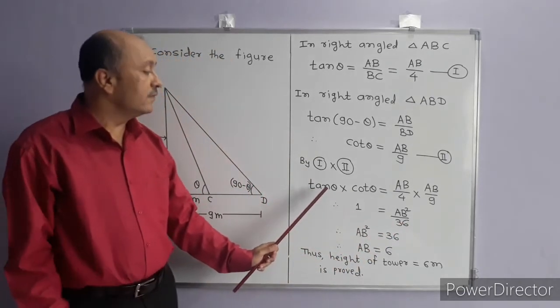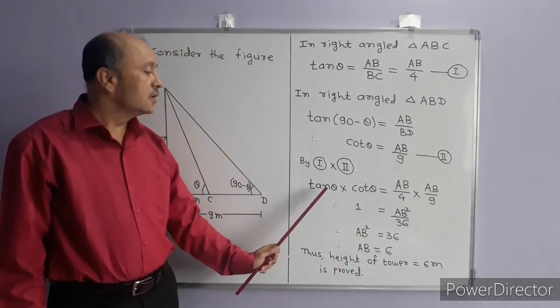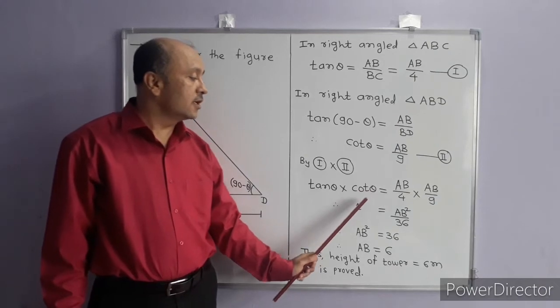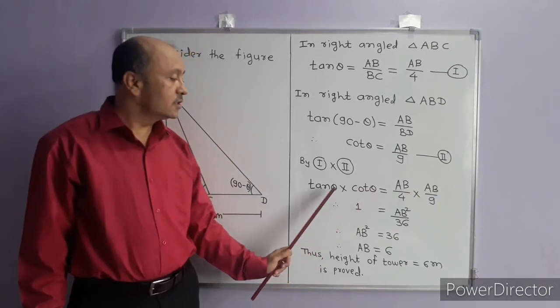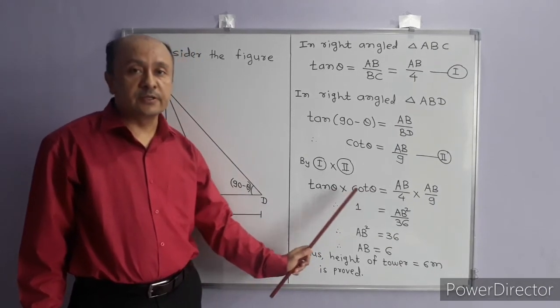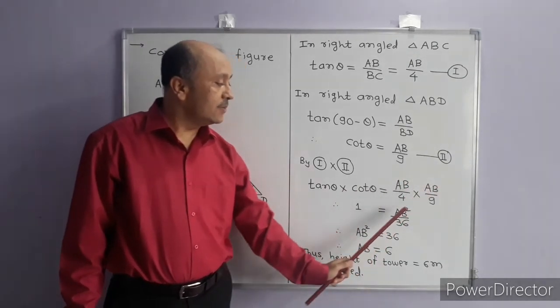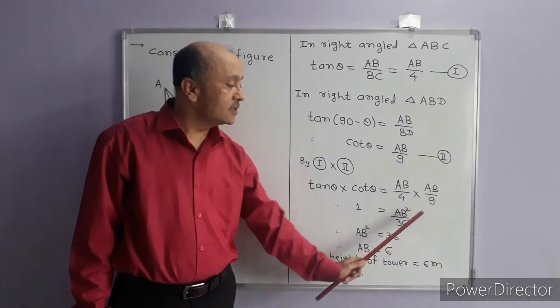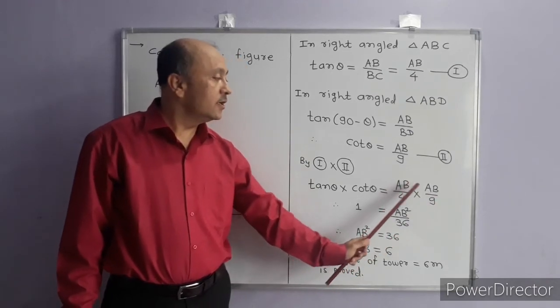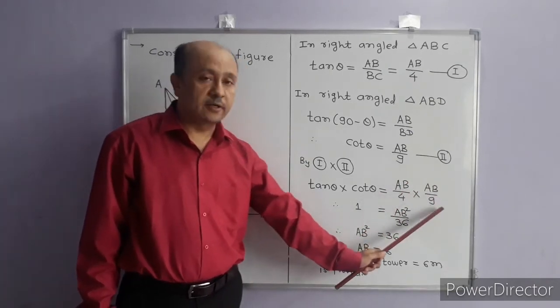And there is one more formula, that is an identity, students: tan theta multiplied by cot theta is equal to 1, because tan and cot are reciprocals of each other, their product comes to 1. Then AB multiplied by AB is AB square, 4 multiplied by 9 is 36, numerator into numerator, denominator into denominator.